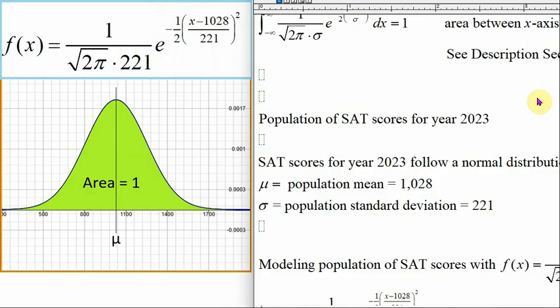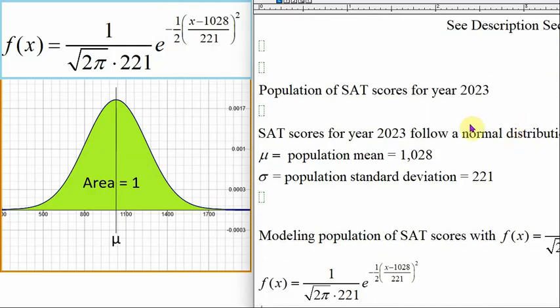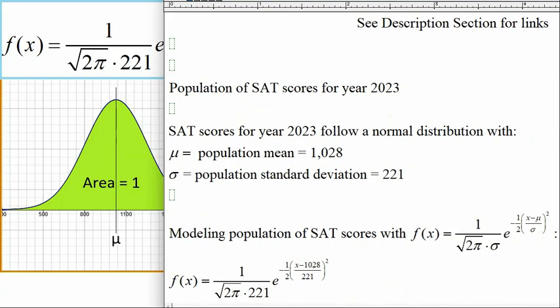For the year 2023, the population of SAT scores, the mean or the average is 1028 and the standard deviation is 221. Now SAT scores are known to follow what's called a normal distribution.